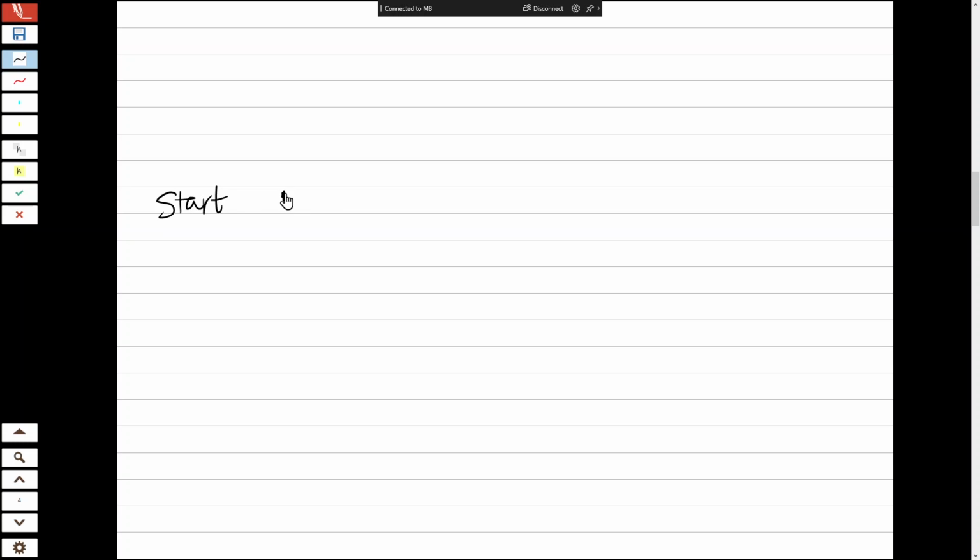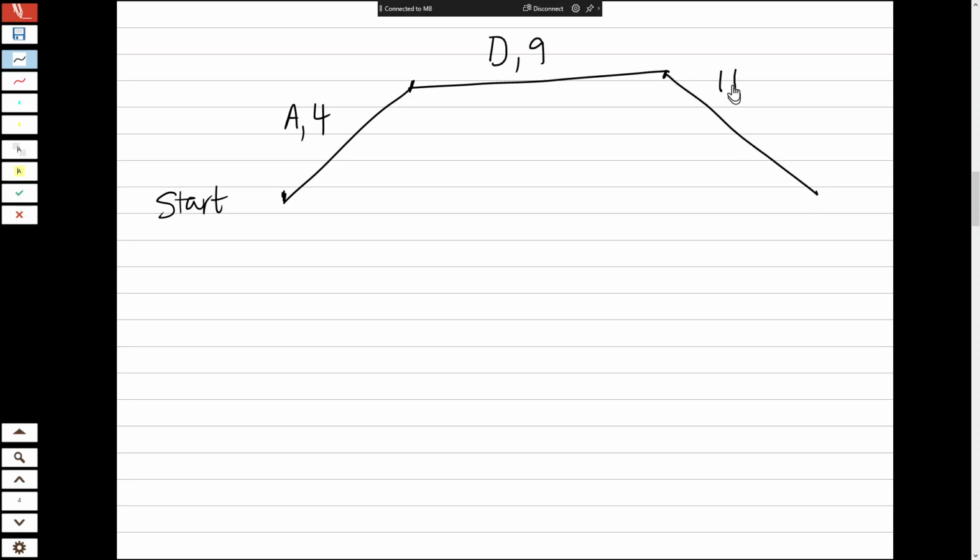So we know this has to weight 5, this has to weight 6, and this has to weight 4. So I can't do that. So we're going to go this way first. Enter this one.